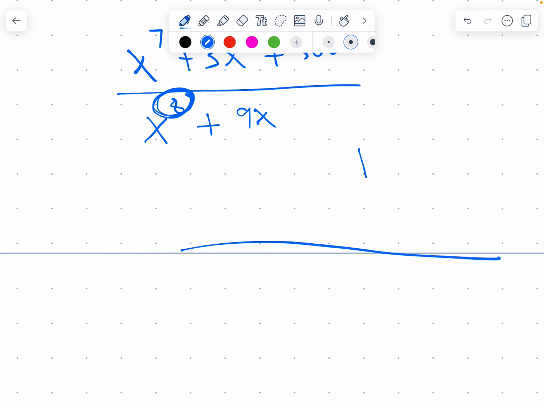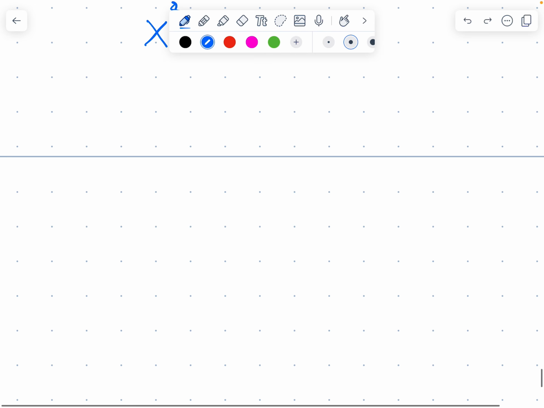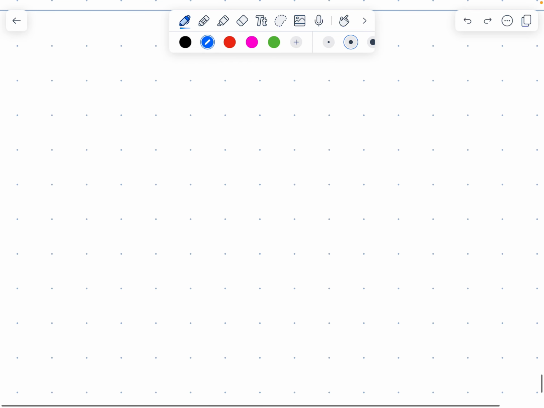It might go like that. It might go like that. You'd have to test your signs. It might kind of bounce back and then go, but eventually it's going to tend towards 0 as you approach infinity. Okay, so that is the case when the top is smaller than the bottom.